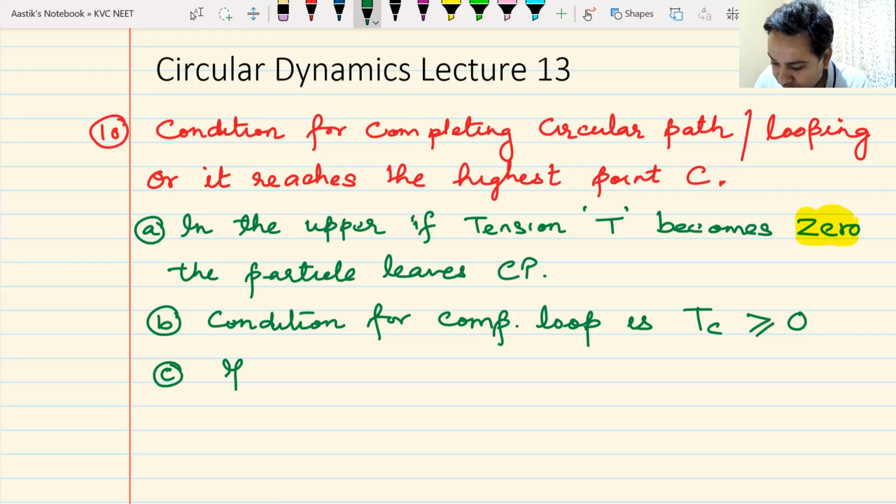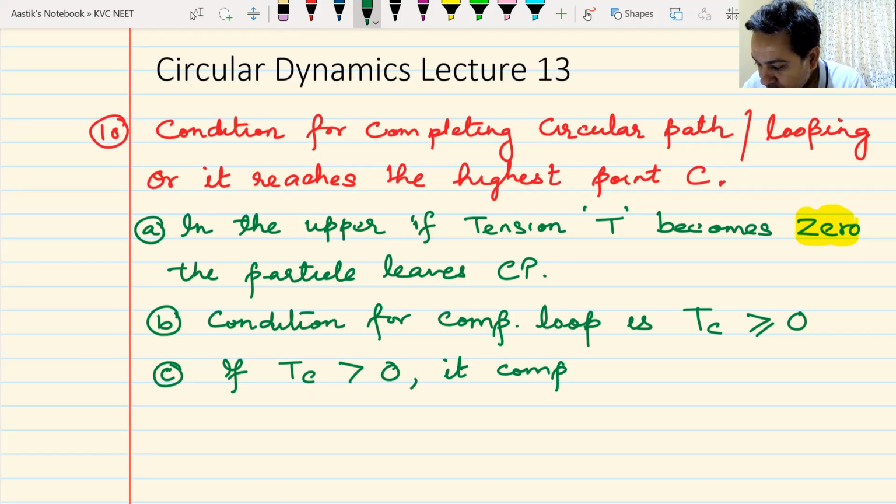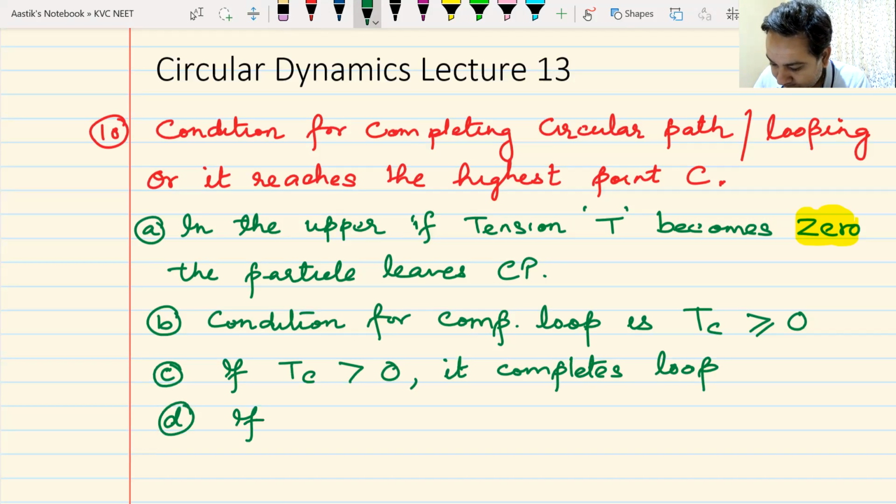If tension at point C is greater than 0, it completes the loop. If tension at point C is exactly equal to 0, it just completes the loop.